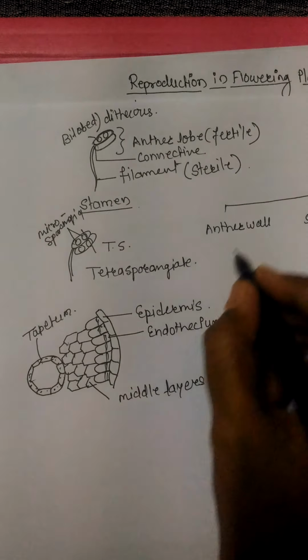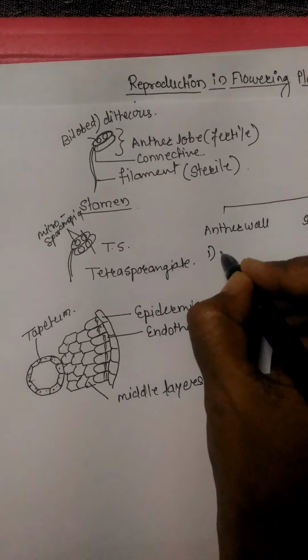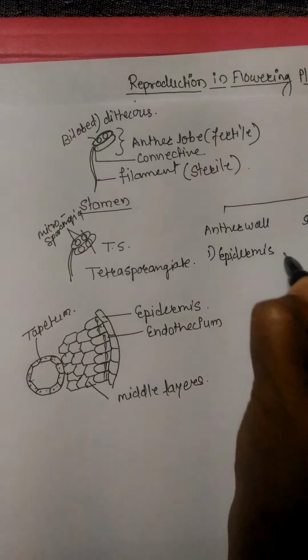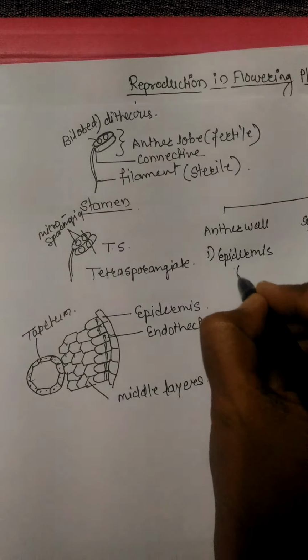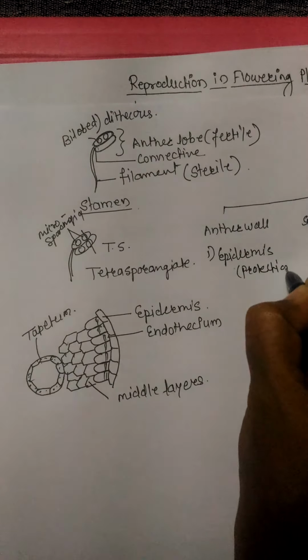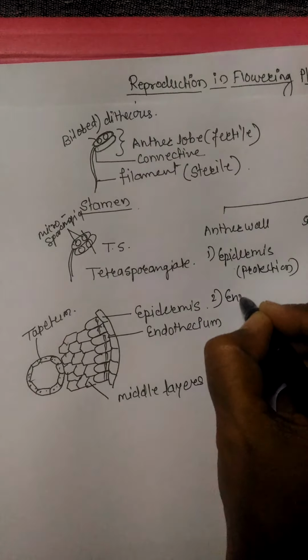Then, that is, we have seen the anther wall structure. First is epidermis, which is single layered and it is protective in nature. It provides protection. Then second layer, that is endothecium.